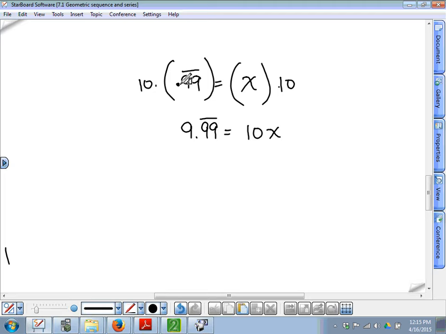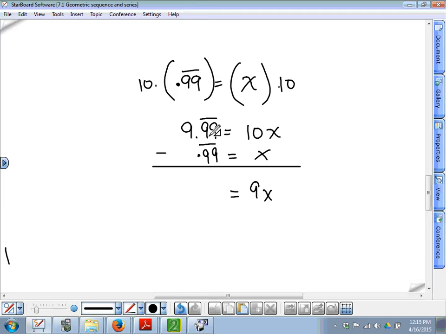Anywho, I'm going to take the original numbers I had, 0.99 repeating, and an x. Write it right underneath that. Draw a line underneath both of them, and subtract the two. What's 10x minus 1x?